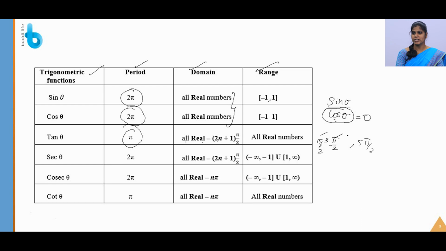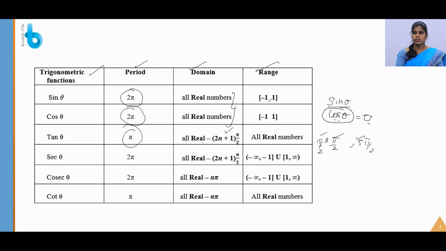In all these places, the cos theta meets the x-axis where it becomes 0. Therefore, at all these points, the cos value becomes 0. Since cos is in the denominator for tan, if you have denominator 0, we cannot determine the value, right?